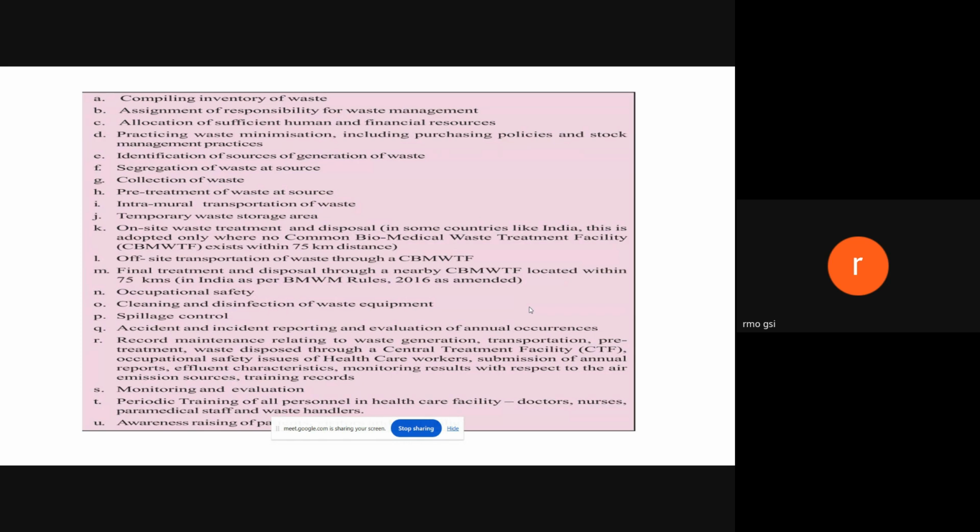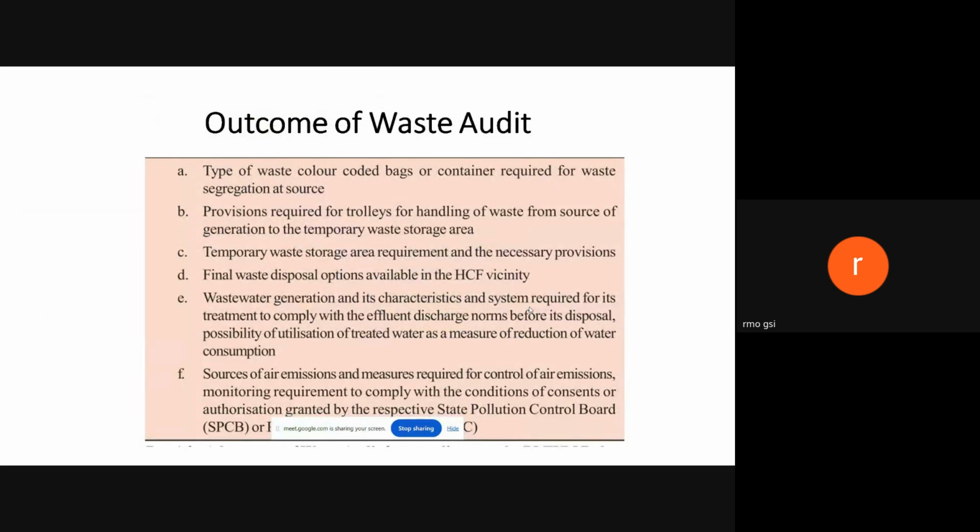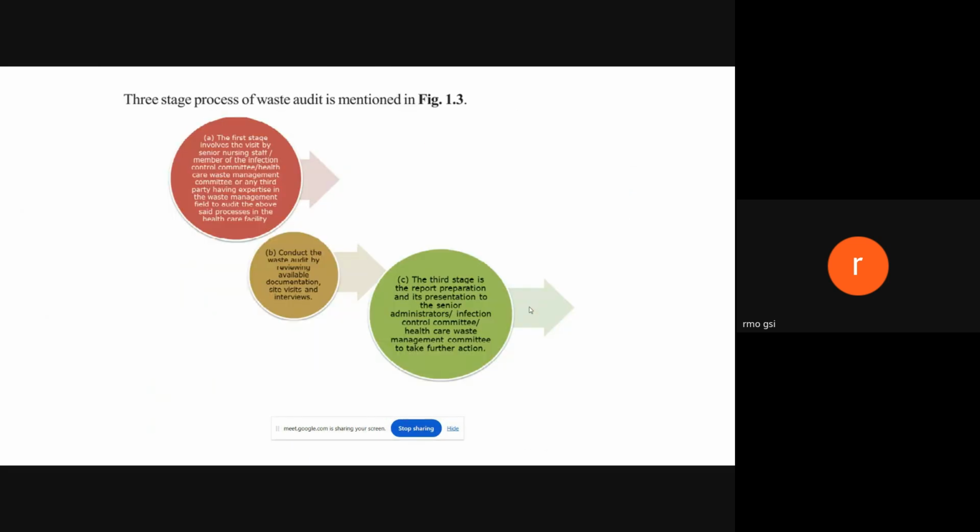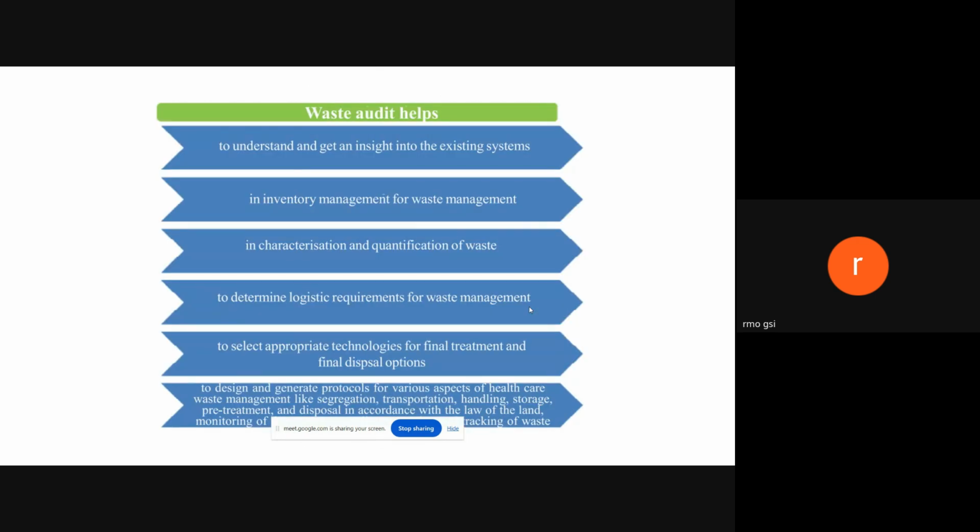On the basis of the audit data, they have to try to reduce the waste generation, and try to reuse the waste if they are generating liquid waste, in the form of STP and ETP. When we have a presentation on liquid waste management, we will explain in detail how we can reuse it.